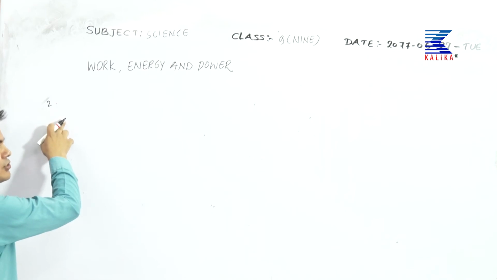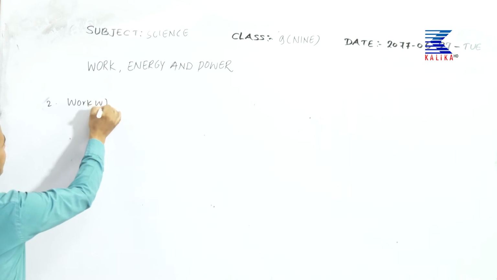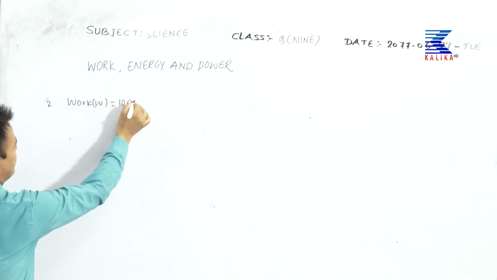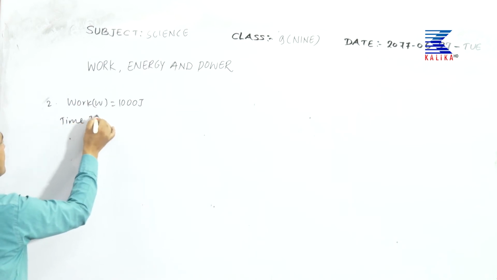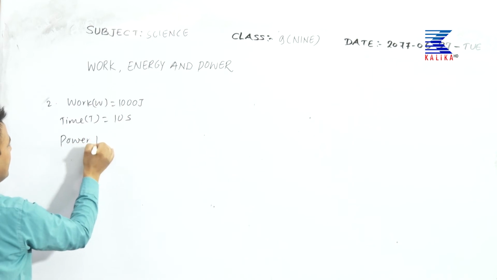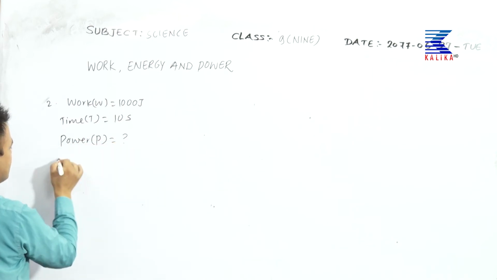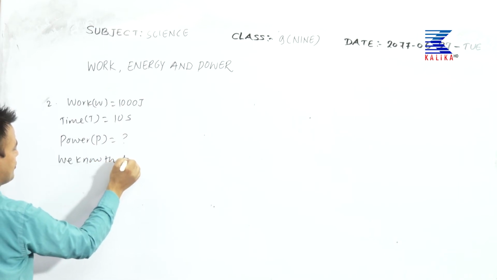A machine does 1000 joule work. Work W equal to 1000 J, time T equal to 10 seconds, power P equal to ? watt. This is the simplest one.